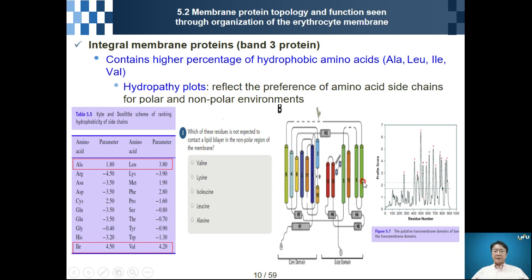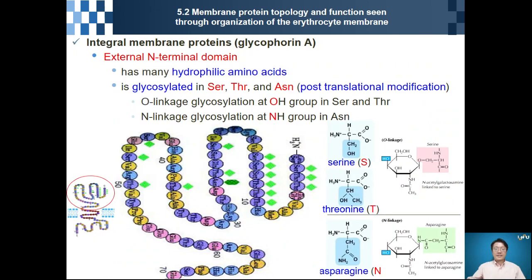So actually, this is the band 3 protein hydropathy plot, and based on this plot, we assume that there will be several protein transmembrane domains.